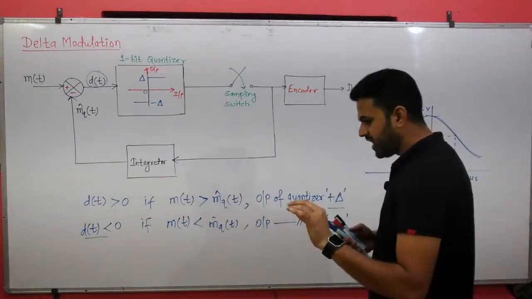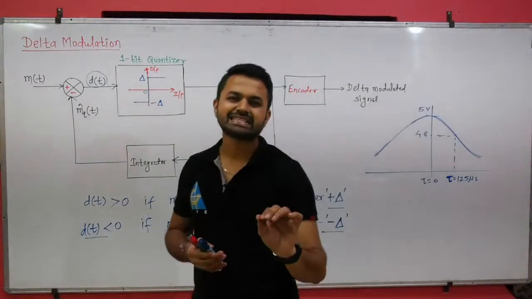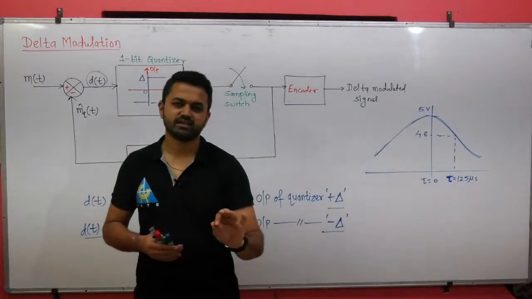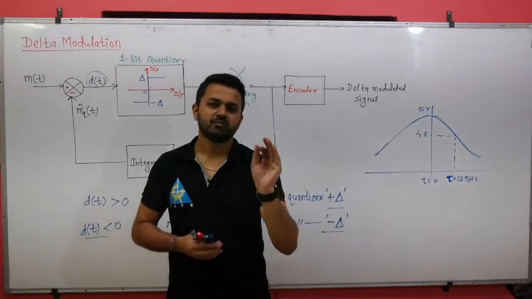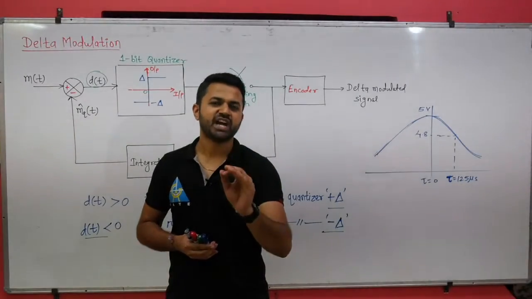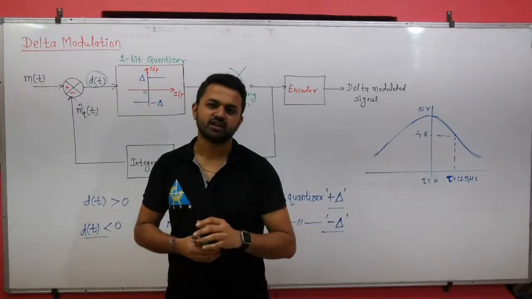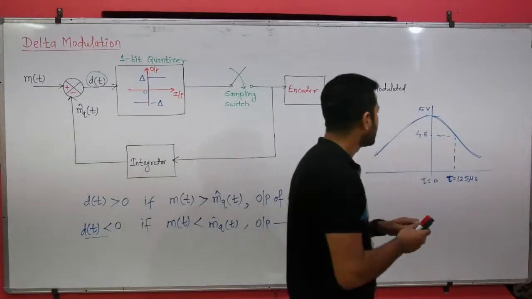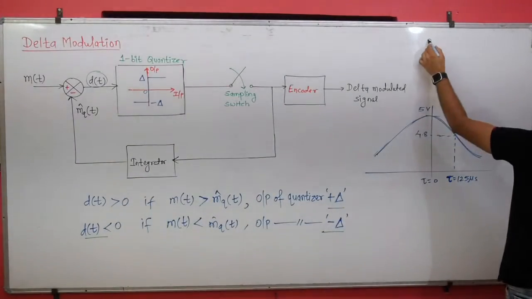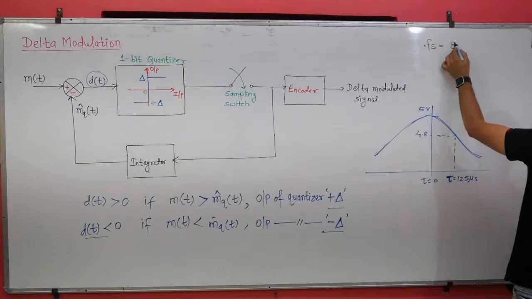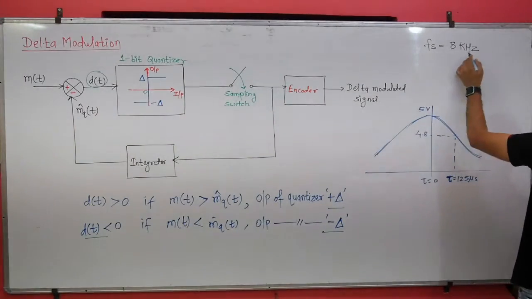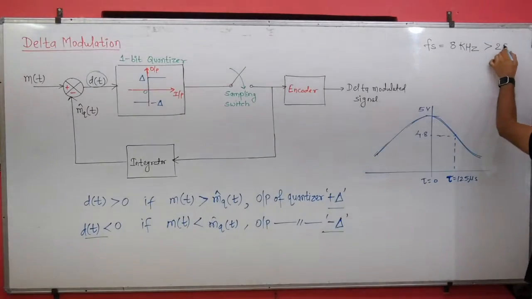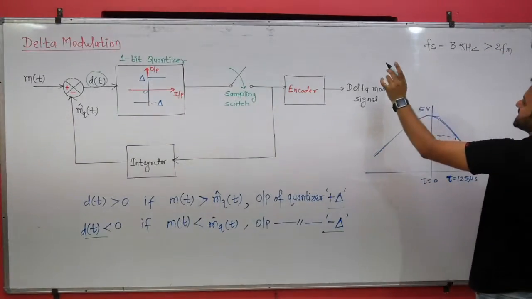Now, if you increase the sampling frequency by 4 to 5 times of the Nyquist rate, what will happen? The sampling frequency we previously used is 8 kilohertz, which was greater than 2 fm for speech signal.